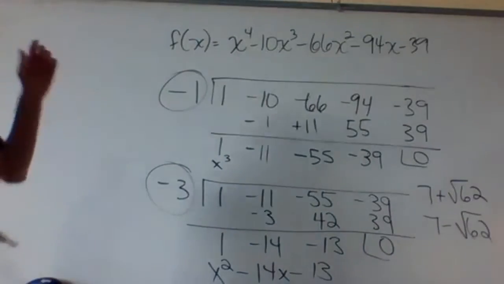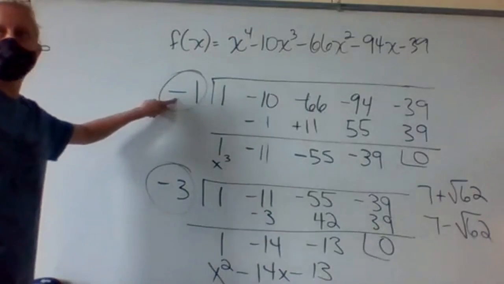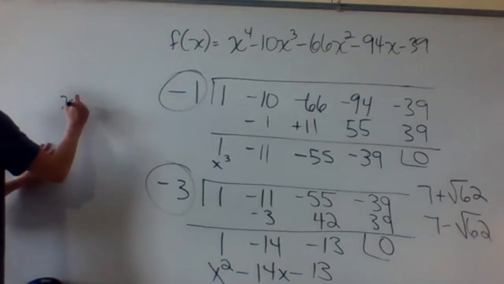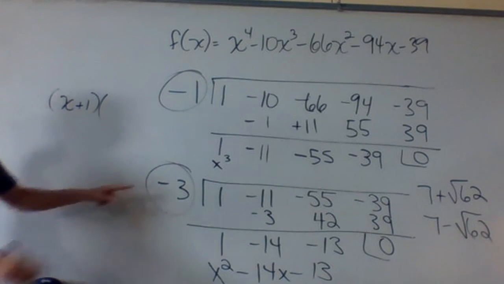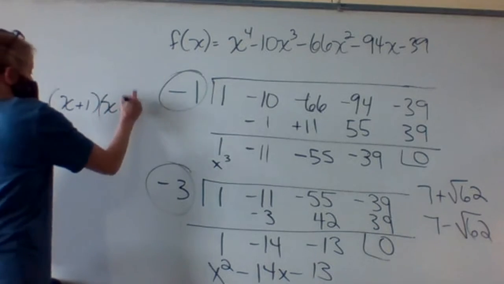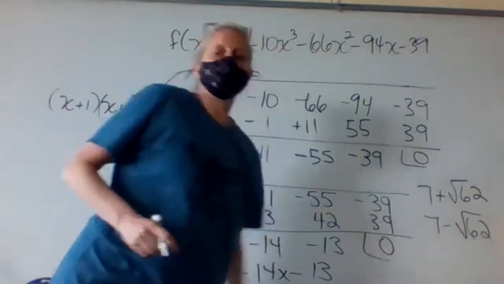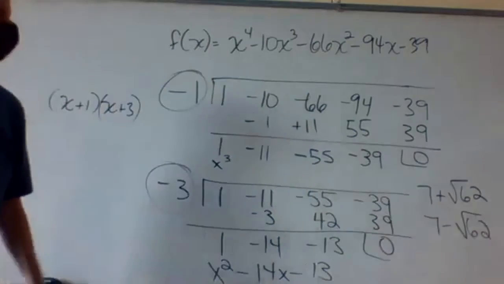And last little thing, I need to write out the factorization. What would this one's factor be? x plus 1. What would this one's factor be? x plus 3. Here's where it gets weird, as if it wasn't already. Now, look at these. Your factors are always x minus whatever your 0 is.